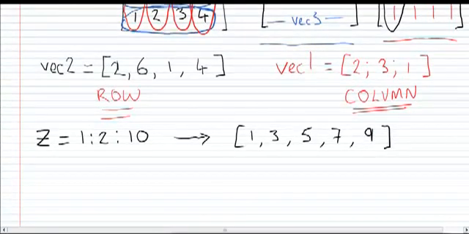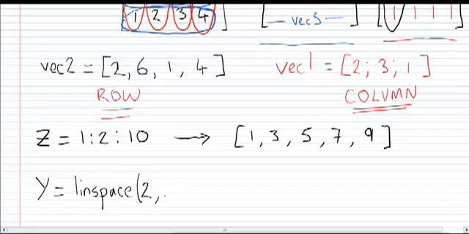A built-in MATLAB function that does a similar thing is the linspace function. So if we were to create the vector, let's call it y, and we wrote linspace open bracket 2 comma 10 comma 5, this would create a vector for us that breaks up the space between 2 and 10 into 5 equally spaced numbers.